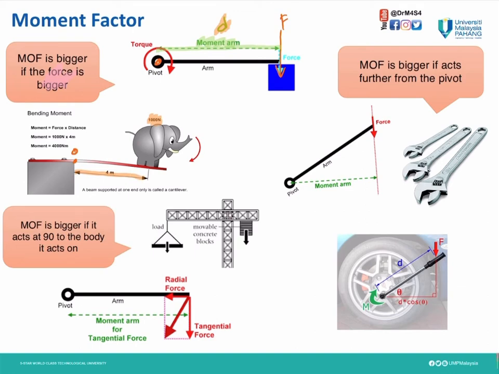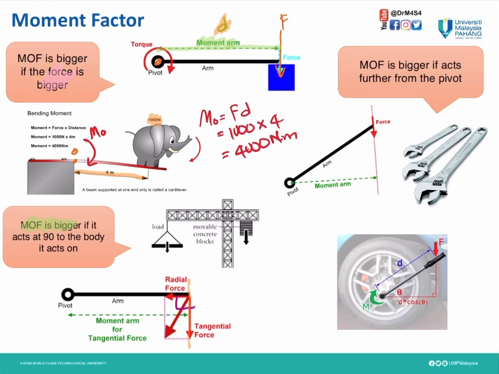If we want to know the moment at O, it is force times the perpendicular distance, so 1000 Newton times 4 meter gives 4000 Newton meter, and it is clockwise at point O. Moment is bigger if the force acts at 90 degree. So when it acts at 90 degree, it will create a greater moment.